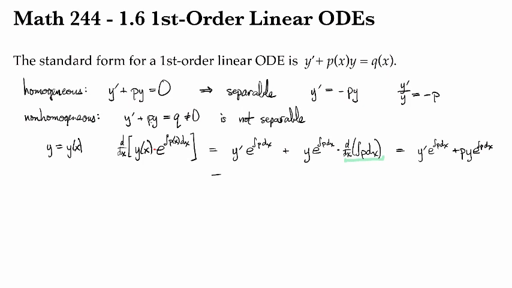And so I can factor out that expression, and I have y prime plus py times e to the integral p dx. The reason why I wanted to do that is because this expression in the parentheses is exactly what we have on the left side of our differential equation here. And so this gives an idea.